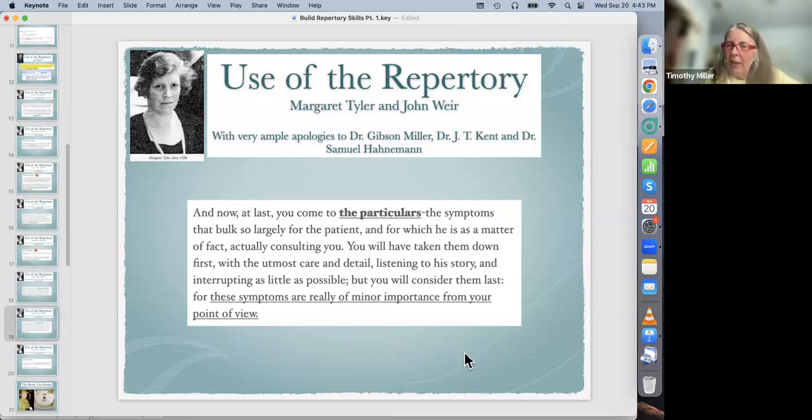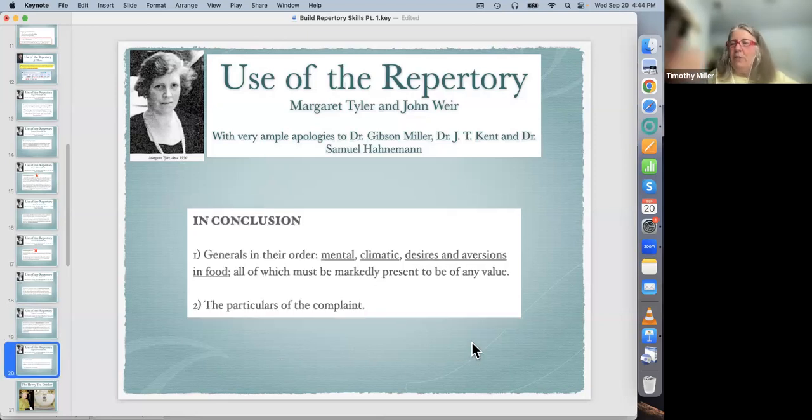I love this. You will have taken them down first with the utmost care and detail, listening to his story and interrupting as little as possible, but you will consider them last, for these symptoms are really of minor importance from your point of view. So who could be more clear?